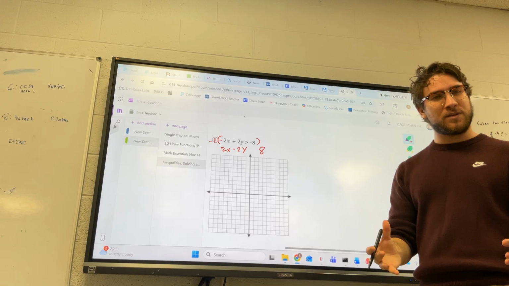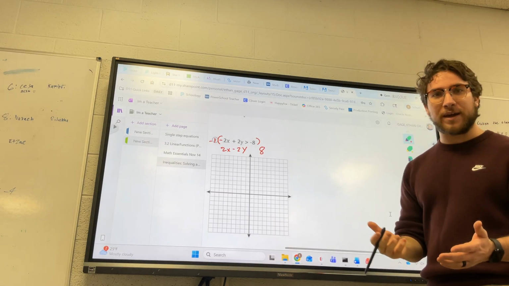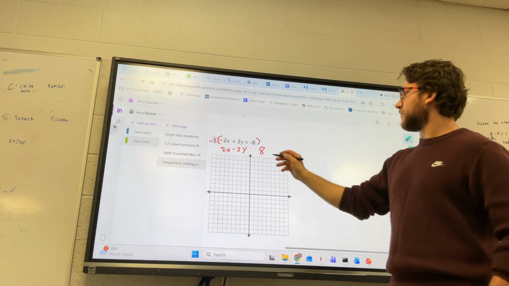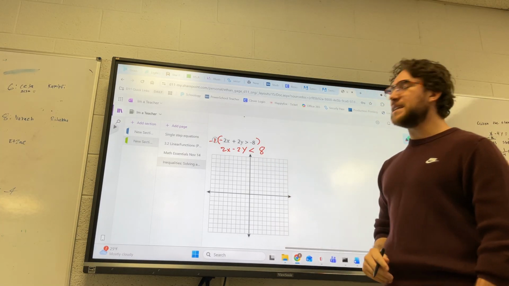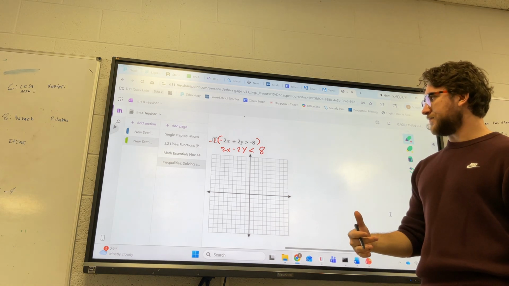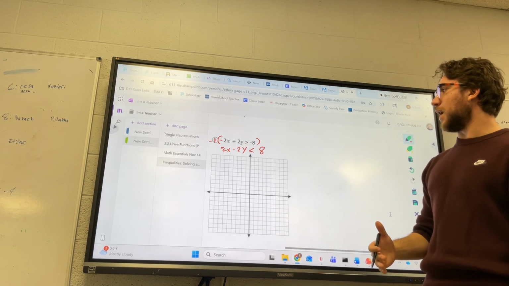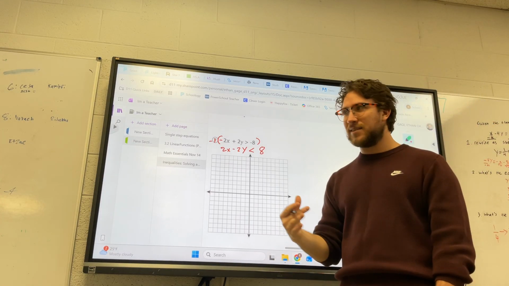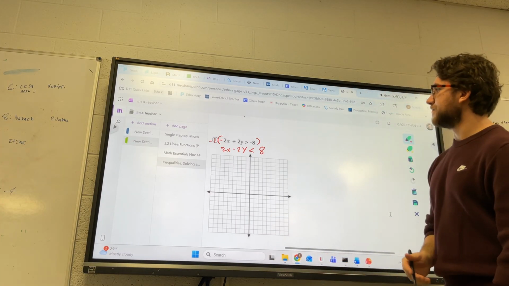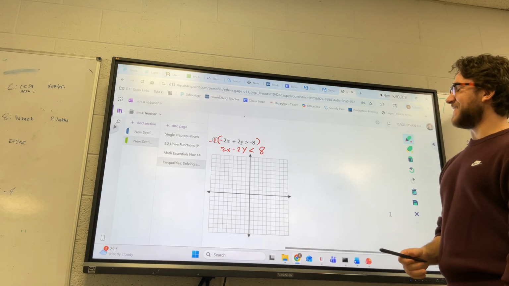Do you remember what happens when our sign is multiplied by a negative? It changes. It switches directions. So now we have 2x minus 2y is less than 8. That's fine.